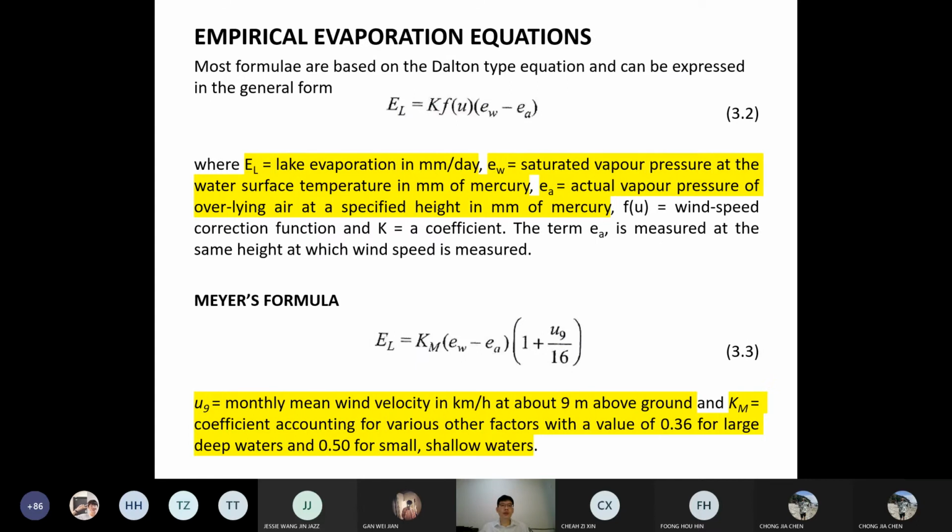You can see the equations, the Mayer formula is one of the most famous formulas. We try to use empirical equations to estimate the lake evaporation, how many millimeters per day the water will lose due to evaporation.